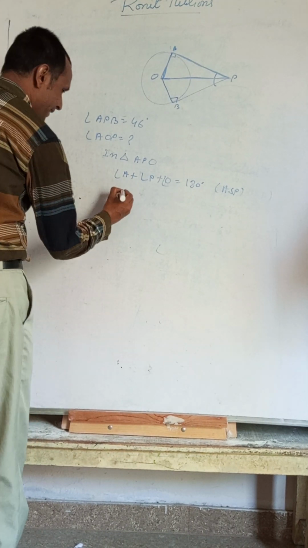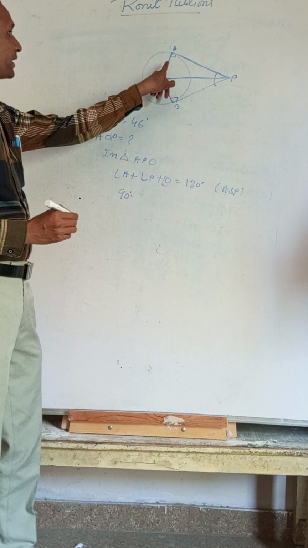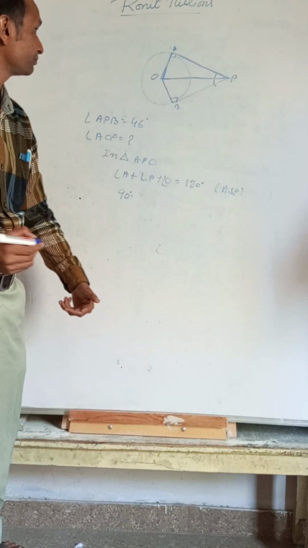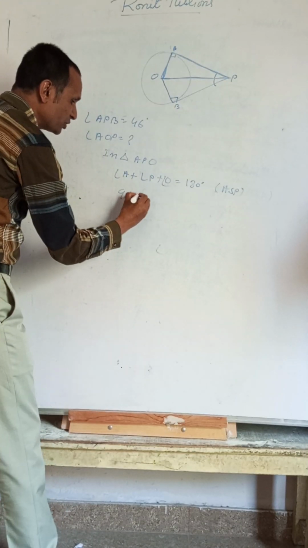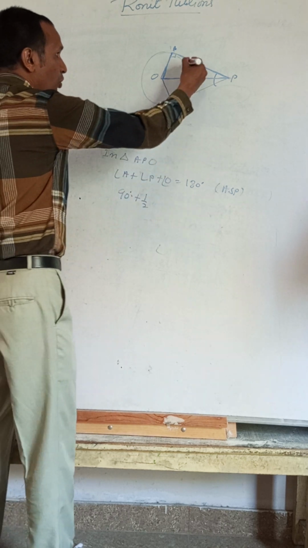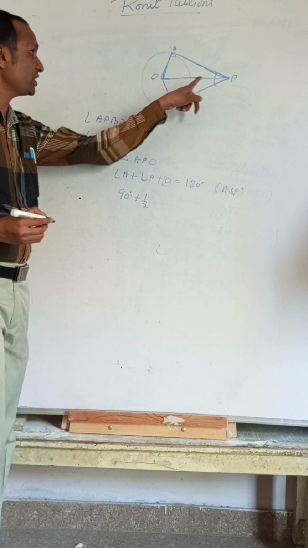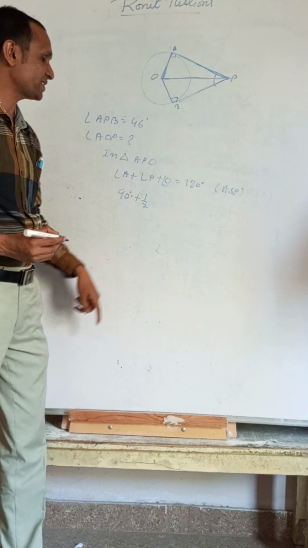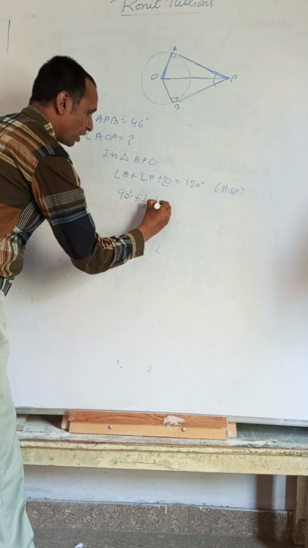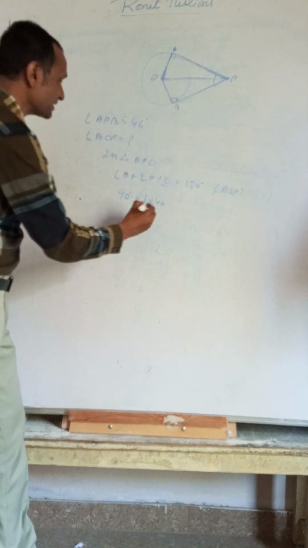We know angle A is 90 degree, given because the radius is perpendicular to the tangent. Angle P means half of this total angle. This angle given here is 46 degree, and this line drawn is the bisector. So half of the 46 plus angle O.